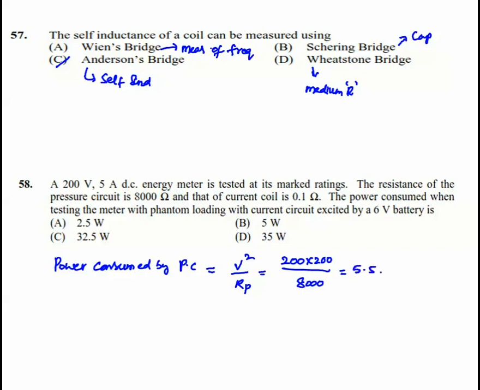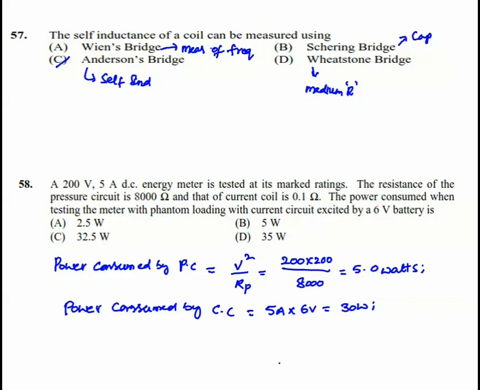5 watts. And next case, power consumed by the current coil, which is equal to, what is the current rating? It is nothing but 5 amps into 6 volts battery, 6 volts, that is 30 watts. Okay, sorry, here this is 5 watts only, right?